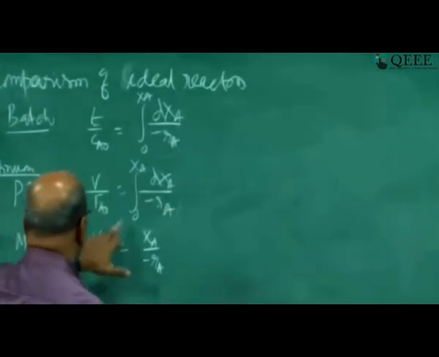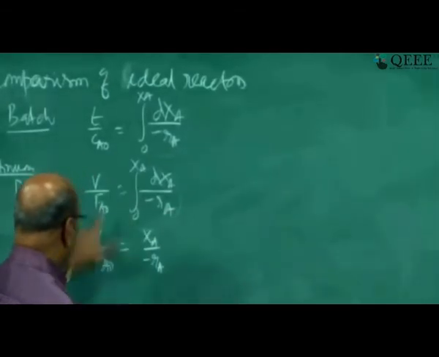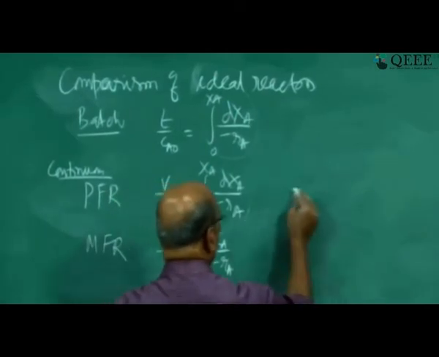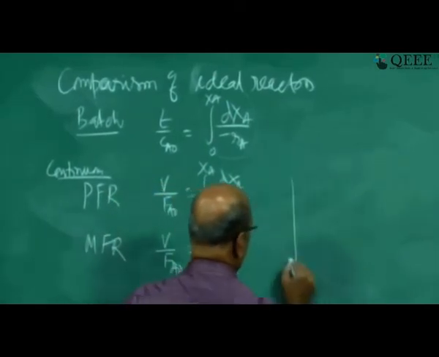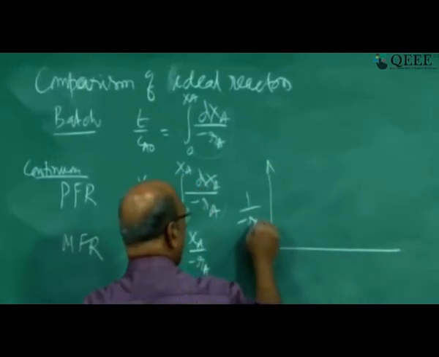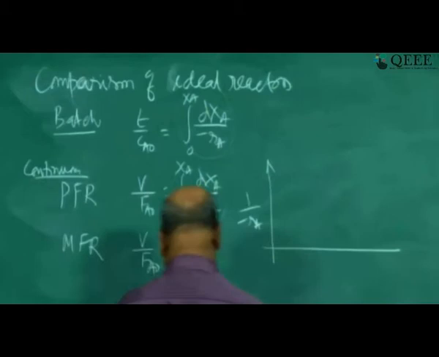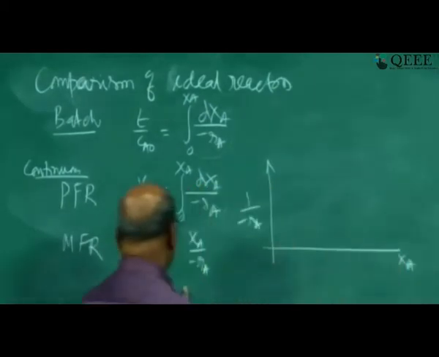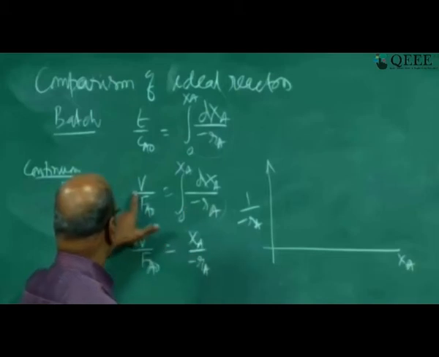Good. Okay. So now when I compare these two, I will plot the continuous systems. So I have minus 1 by RA versus XA. I think you have already plotted the plug flow reactor.